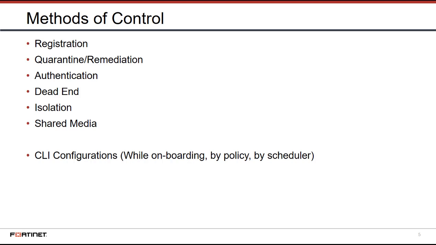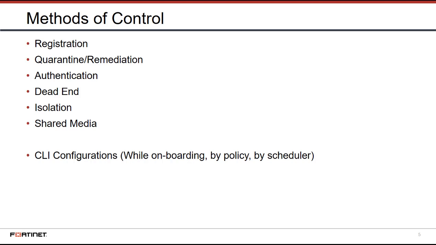We can still control access. Shared media works a little differently, and we'll talk about that in a little bit. And then we have some CLI configuration options. These can be used as a means of controlling access to our environment, or just controlling the access a host has once it's connected.